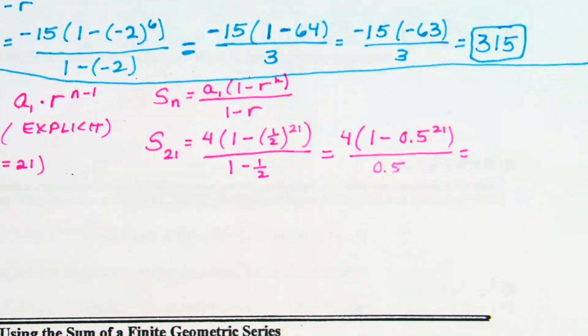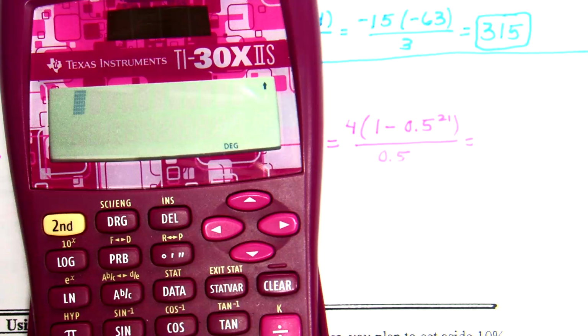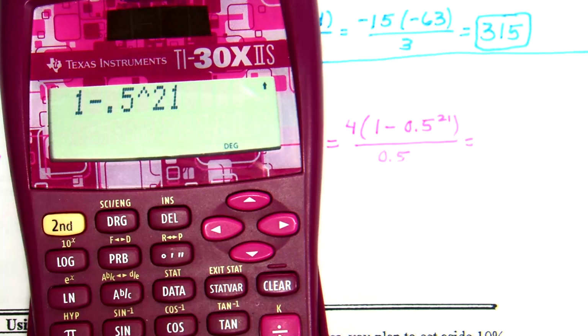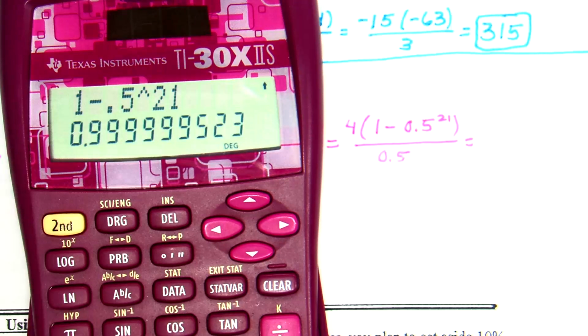Okay. So, options. I can start my parentheses. 1 minus 0.5 raised to the 21st. My calculator knows to do my exponent and then subtract. There's inside the parentheses. Okay. Should I round that?